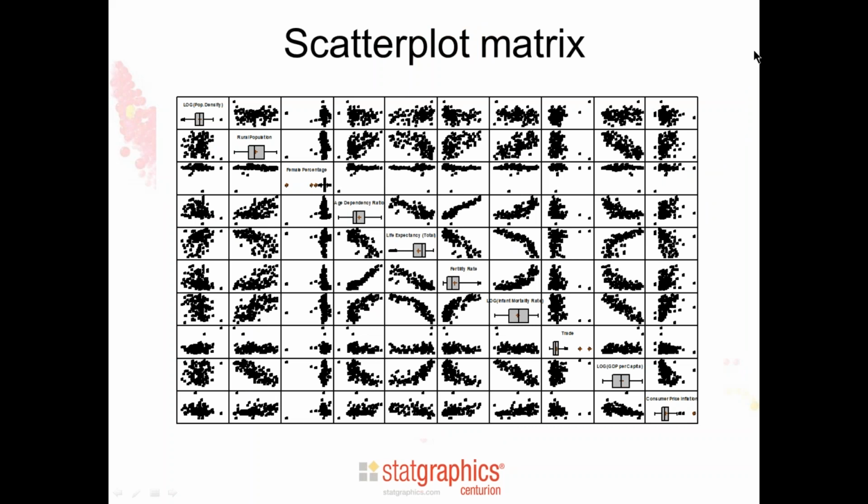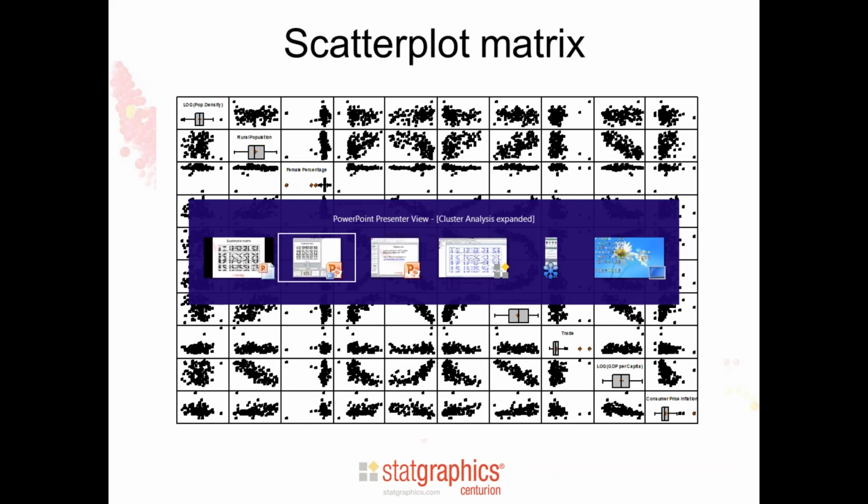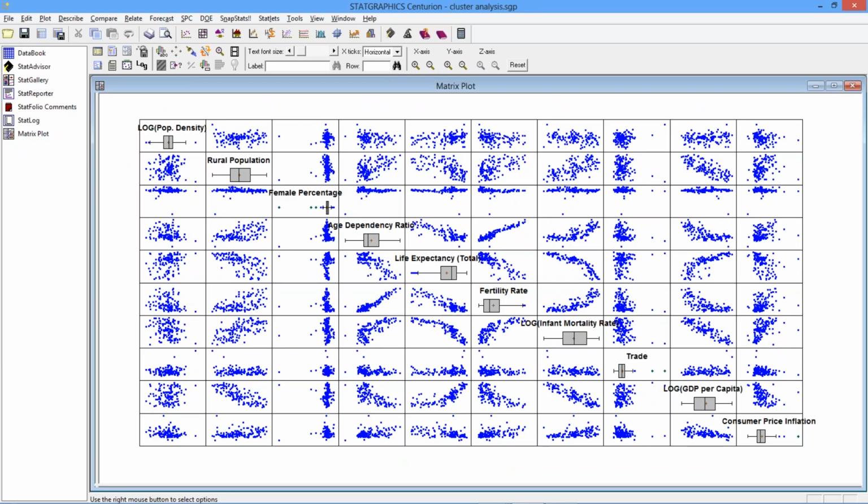Okay, now as usual, I'm going to start by loading the data into Statgraphics and taking a quick look at it. So let me move over, if I can, to Statgraphics, where I've loaded up the World Bank data for 2009. And I've started by generating a matrix plot. A matrix plot is always a great way to look at multivariate data on multiple variables.